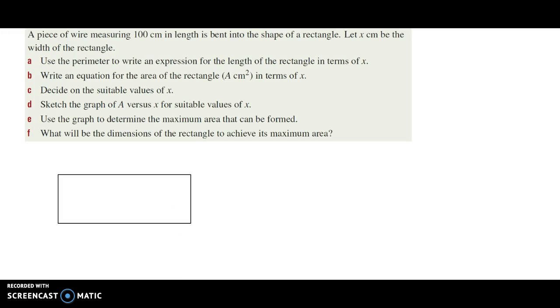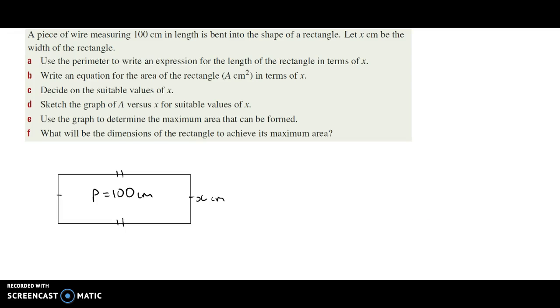We know the perimeter of this rectangle is 100. x is the width of the rectangle, so this will be x, and this will be x as well, so we can leave that out. X centimeters, and we know that these two lengths here will be the same as well.